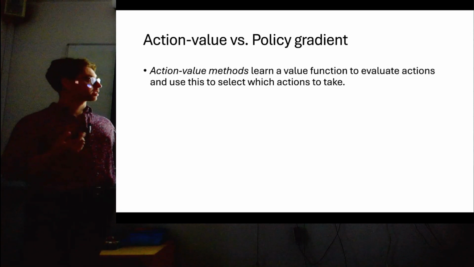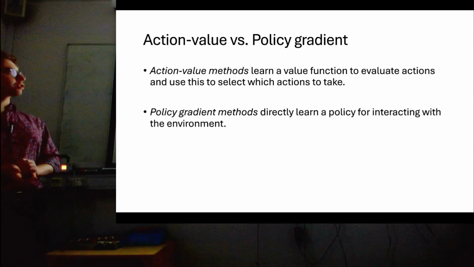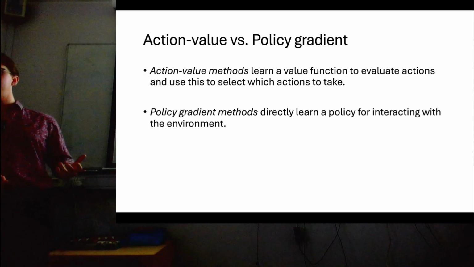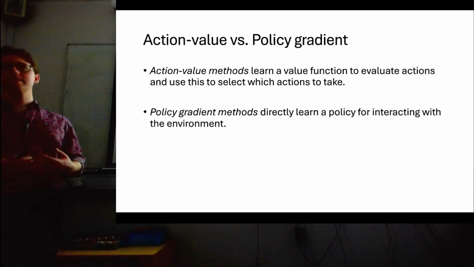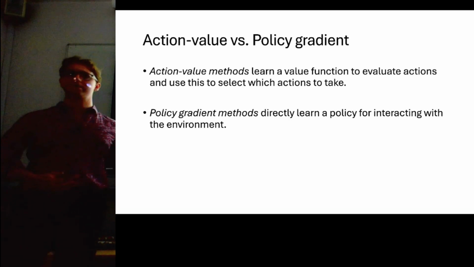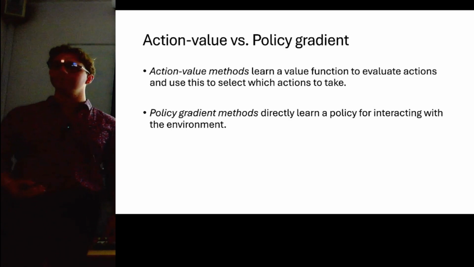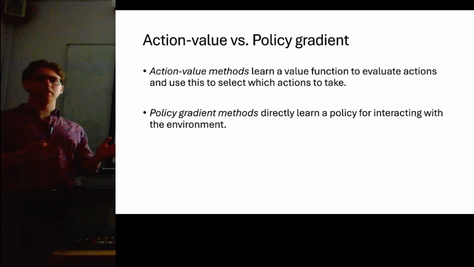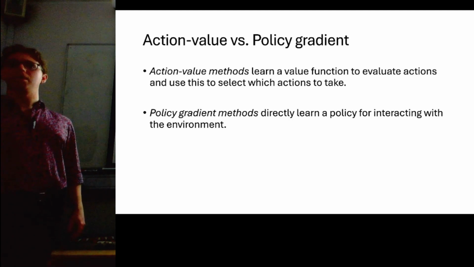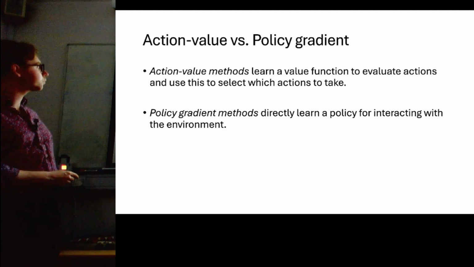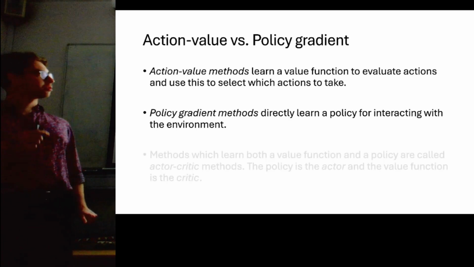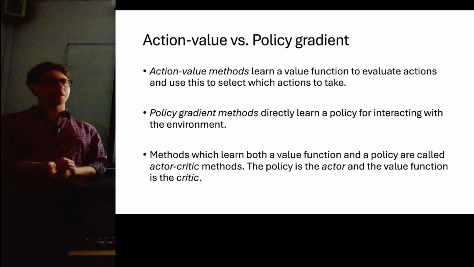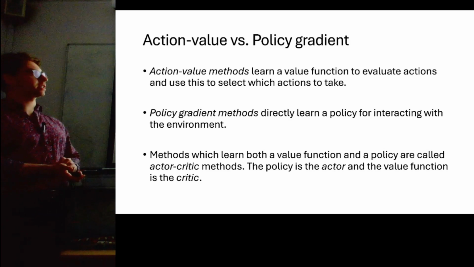In contrast, we have policy gradient methods, which directly learn some policy for interacting with the environment. In the action value case, your policy is a tacit policy defined by an action value function, whereas here you have an explicit policy, and you just try to update this policy and make it better over time. Methods that use both the value function and the policy are typically called actor-critic methods.